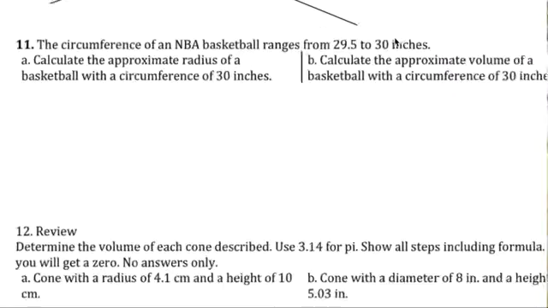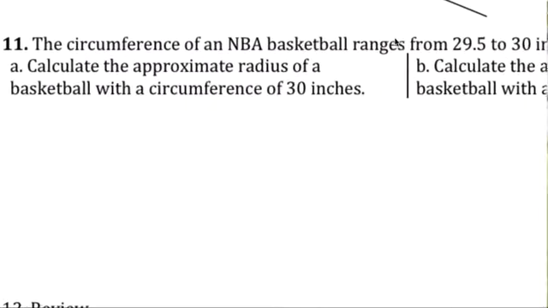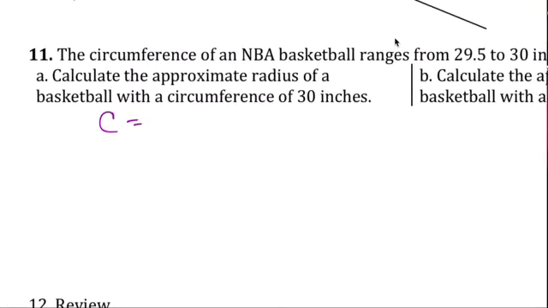Number 11, finding circumference. Okay, circumference, remember, is pi times the diameter of a circle. Calculate the radius of a basketball with a circumference of 30. Or you can do, instead of diameter, because they want radius, we know that circumference is 2 pi r. So that way we find the radius. Either way. So they gave us 30 for circumference, 2 times pi times the radius.